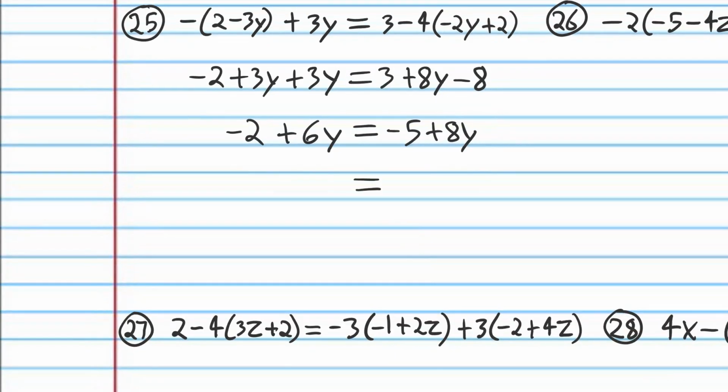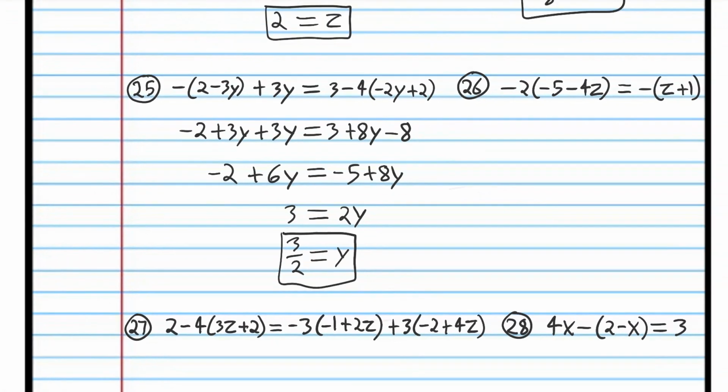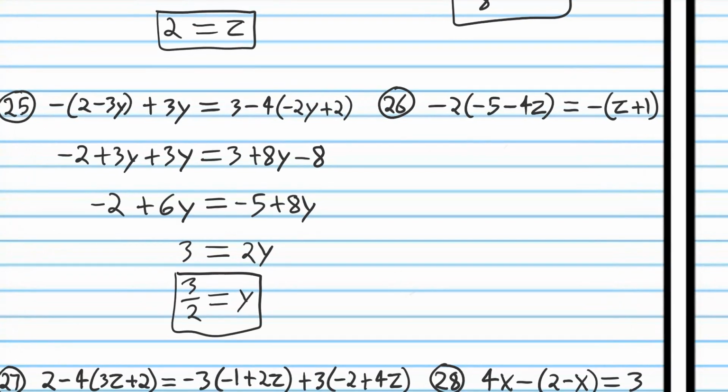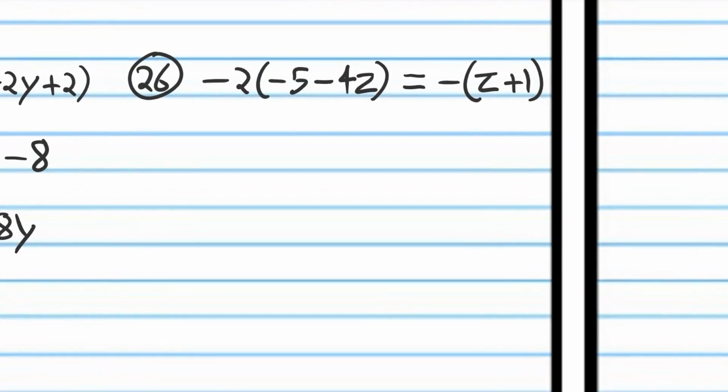Subtract 6y from both sides. Add 5 to both sides. Divide both sides by 2, and you get 3 over 2. Again, this is how you're going to do it when you get into upper math courses. But most of the problems in this course, you're going to have to show every step. So this is just a glimpse into how you're going to do it the fast way. All right, try number 26, and when you come back, we'll do it together.